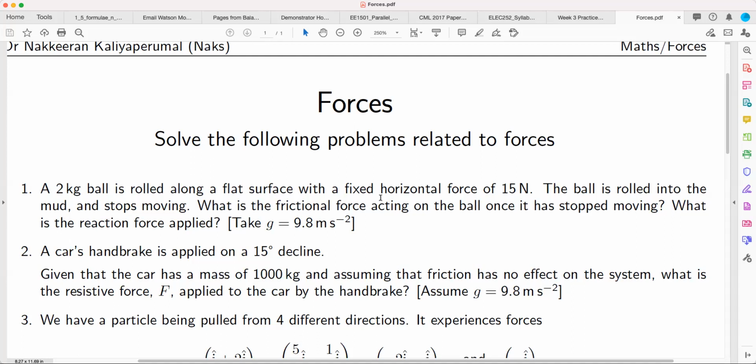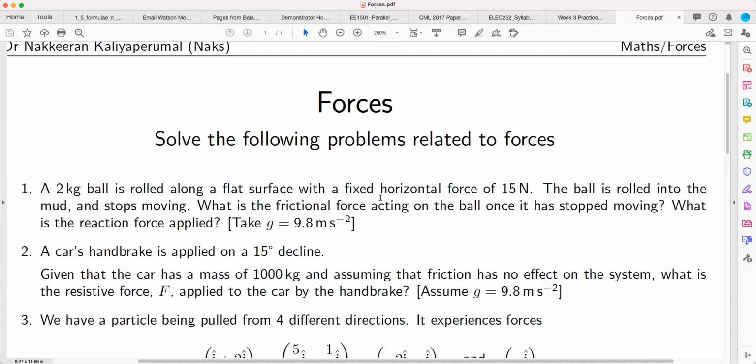So we have to say, because it just stopped, we can consider that it is in equilibrium. It is still horizontally forced by 15 Newton, but the friction is in the exactly opposite direction, minus 15 Newton, canceling it, so it is at equilibrium. Do you get that? Yeah.